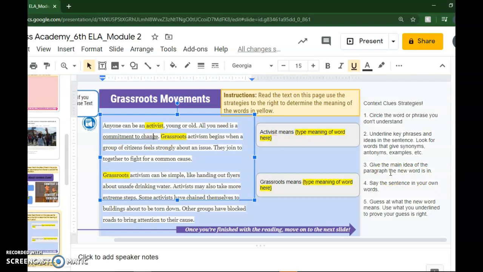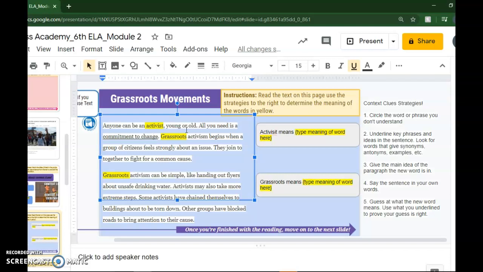The next part says, give the main idea of the paragraph. The new word is in. So what is the main idea of this paragraph? Let's use our resources from yesterday. Think about, okay, my subject plus my predicate. Anyone can be an activist, young or old. All you need is a commitment to change. Grassroots activism begins when a group of citizens feel strongly about an issue.